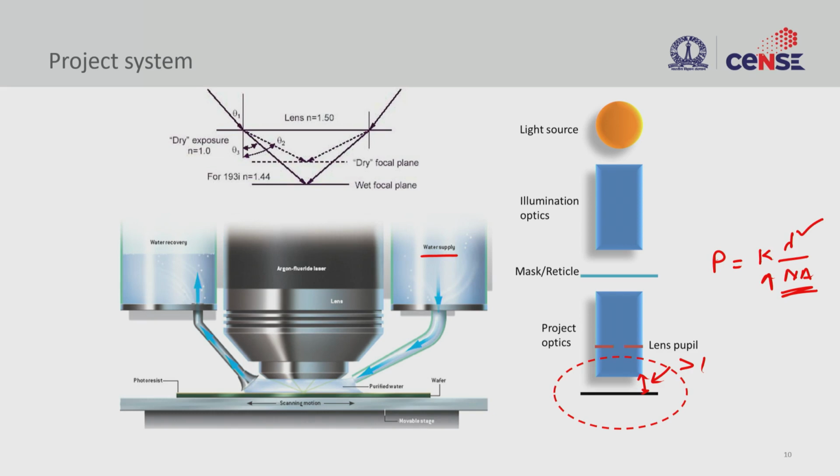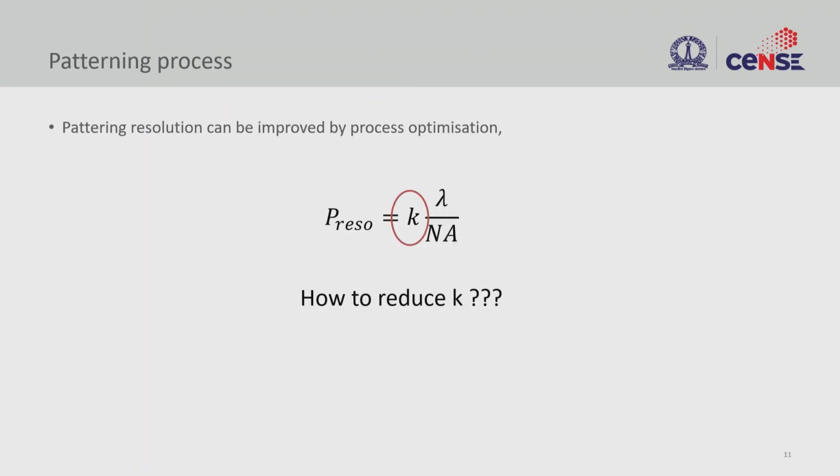When you put a fluid between your objective lens and your slide, you are naturally improving your numerical aperture and your image quality as well. Here the focal plane will change in the presence of a fluid, but that is something you have to take care of when you are optimizing the image. The other important thing is the angle. The angle also gets better. Instead of a shallow angle, you get a deeper angle so that you can image them better. So this is a change in the projection system.